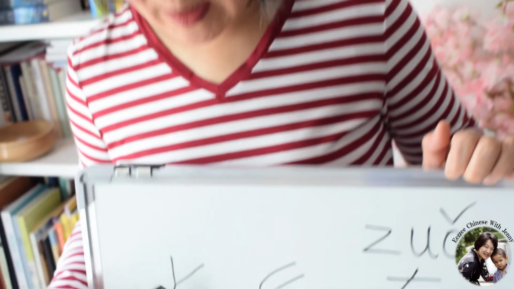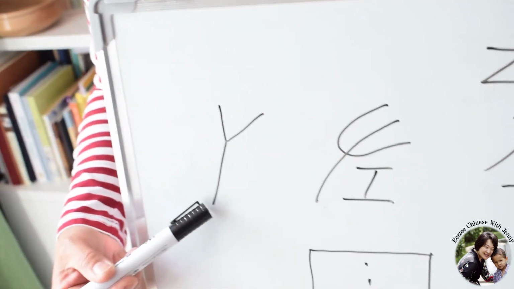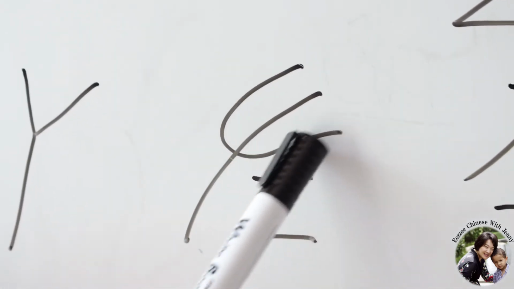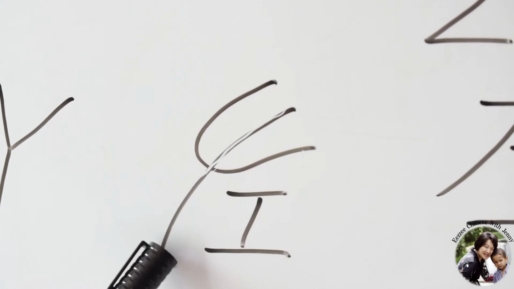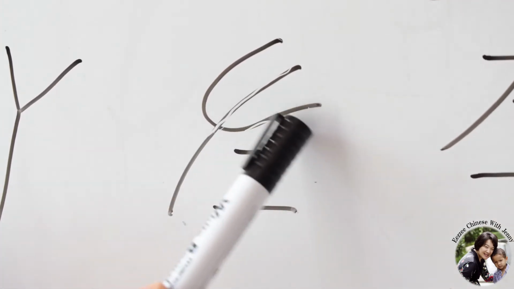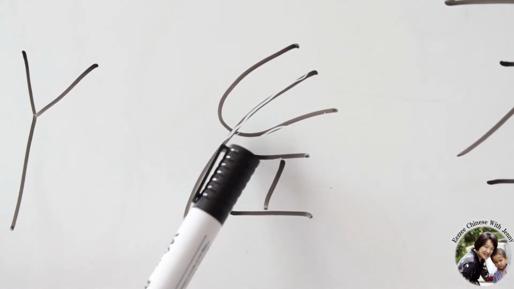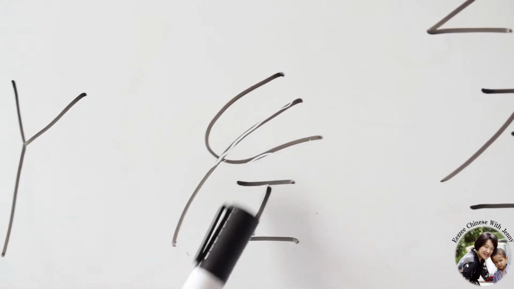Look at this, a simple shape. This represents your left hand, and this shape means your hand also, plus the bottom, plus this one. Now this character, which I will teach you later, means work.